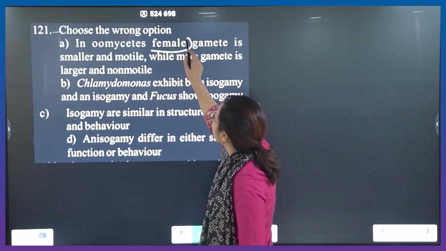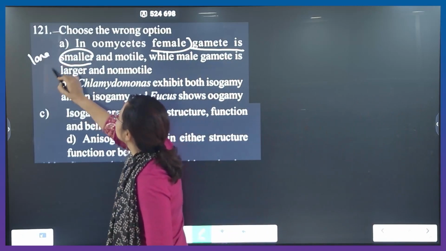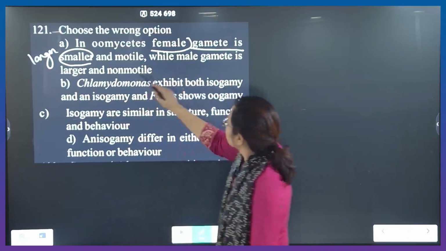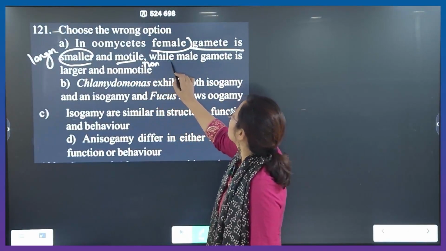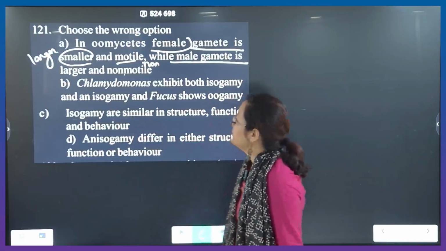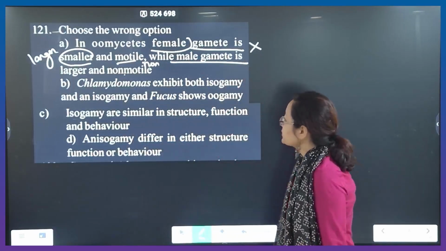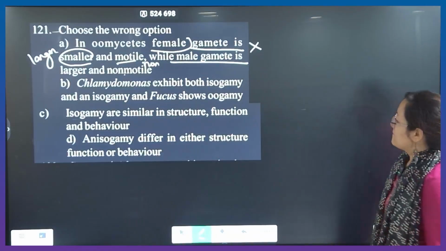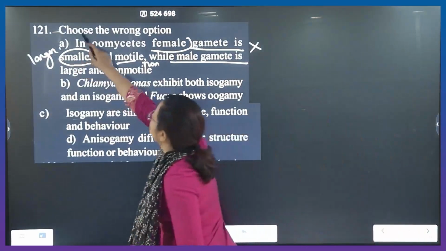The female gamete will of course be larger and non-motile, and the male gamete should be smaller and motile. That means this is wrong. The answer is A. 121 A.